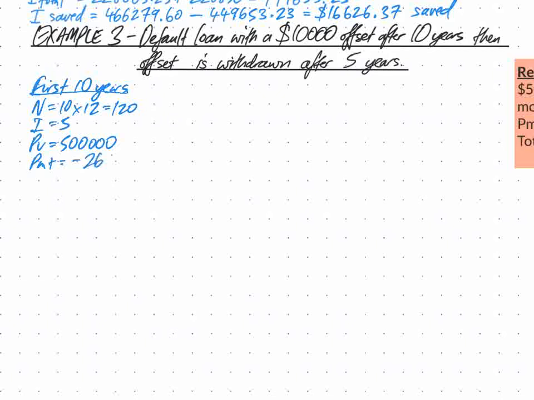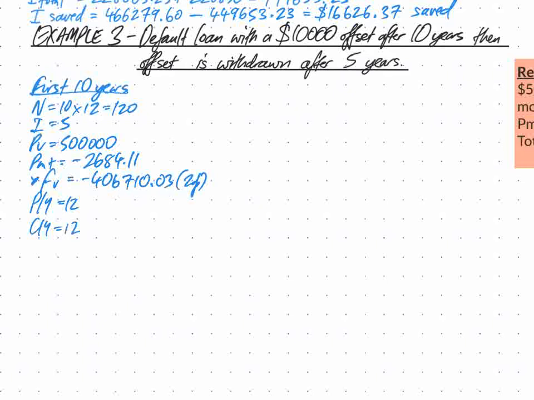PMT was negative 2684.11. I wanted to find my debt after 10 years. It was negative 406,710.03, 2 decimal points. PY was 12, CY was also 12. So that was the first 10 years.